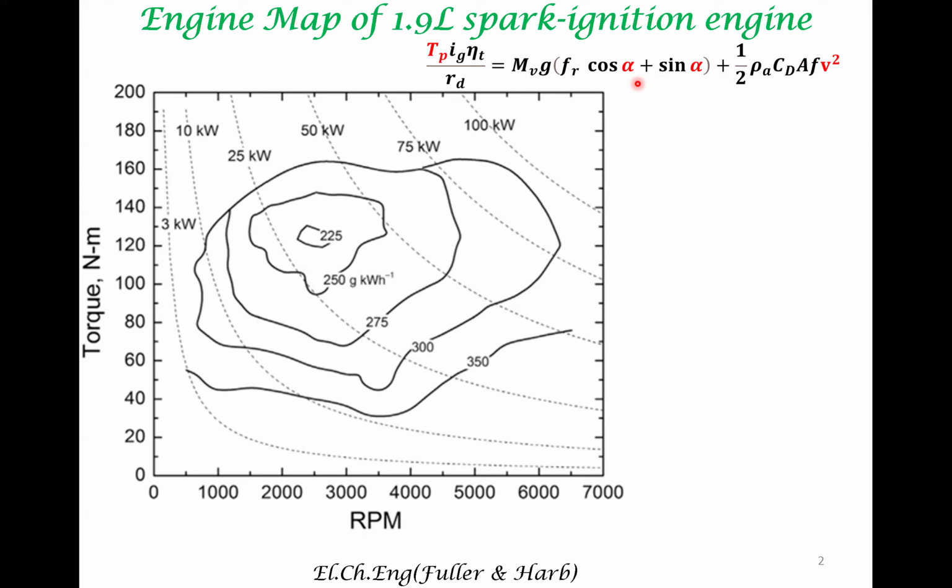So if that slope is steeper, it will require more power to get through that steep slope. So besides speed, it also depends upon the slope of the road over which the vehicle is traveling. Of course, there are other features like the mass and friction factor and so on, drag coefficient and so on.